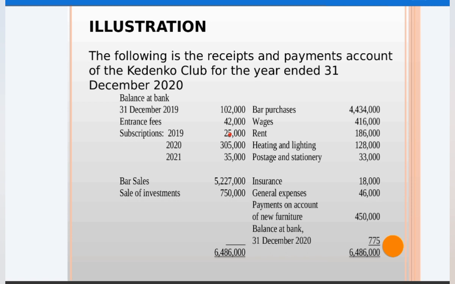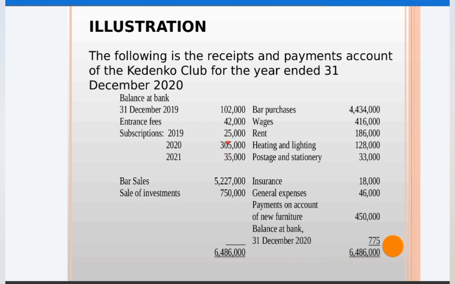So these must have been debtors for subscription, and these ones that are received for 2021 are creditors for subscription of 2021. So this amount was received in 2020.